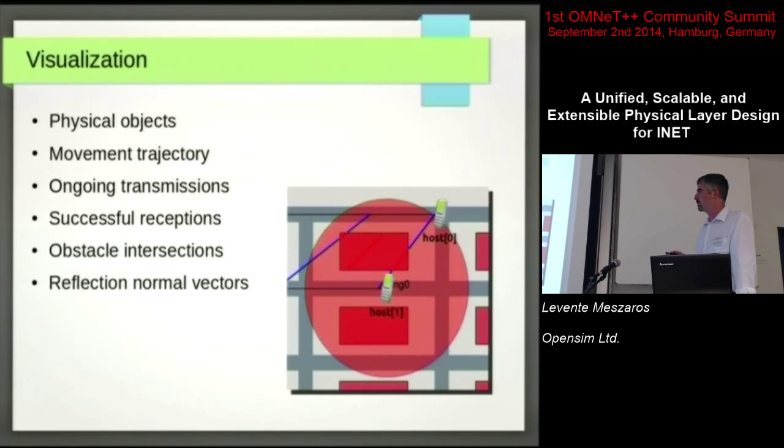And for example, the blue lines show the successful transmissions, and you can even see the intersections through the obstacles. These are 3D objects, we're just looking from the z-axis. This is thanks to the new Canvas API that was introduced in OMNeT 4.5.